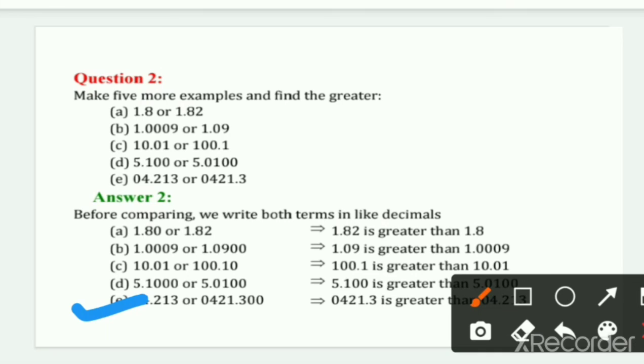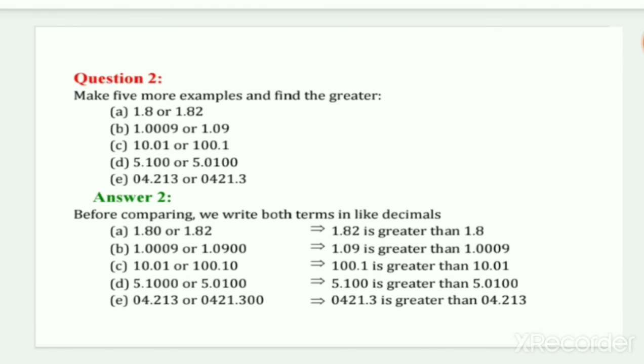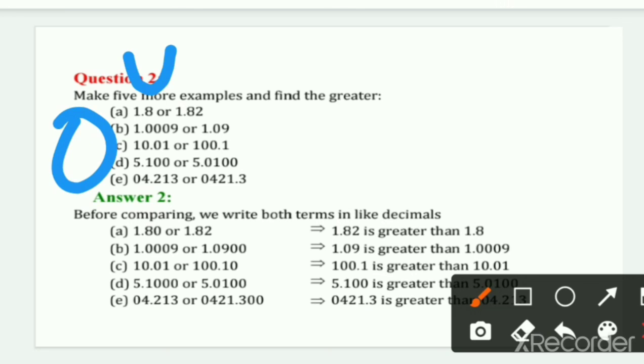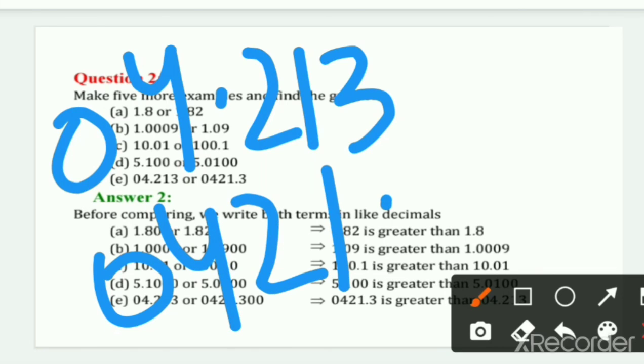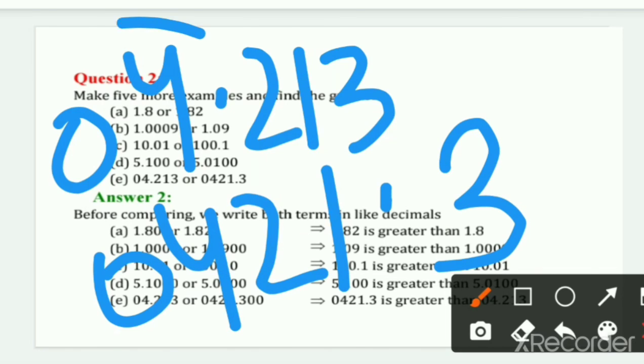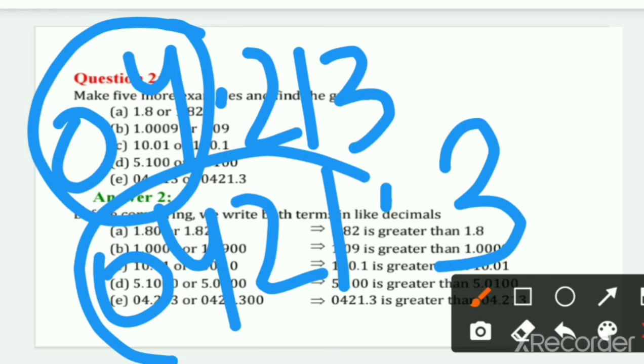Okay, so now moving to the E part, last of this exercise. This is 0.4213 or 0.0421. It is very easy. It is given 0.0421 and it is given 0.4213. It is very easy that this is 0.4 and this is 0.04.